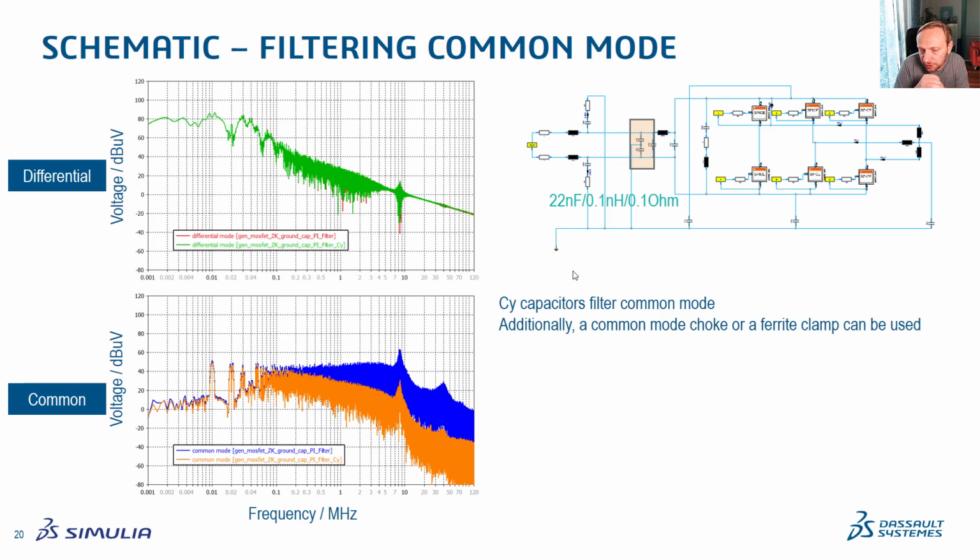But I would say the first aim should be to define the proper filter, and a ferrite clamp should only be seen as a last minute fix. It's adding weight to the cables, and it's also quite cost intensive. So clamps are countermeasures which are really your last hope or your last resort.